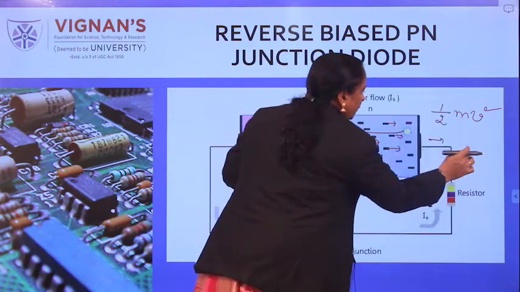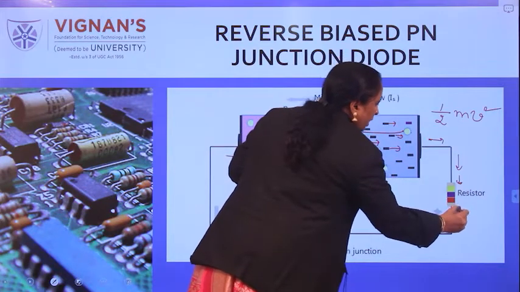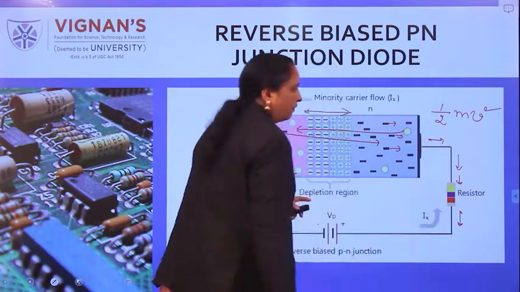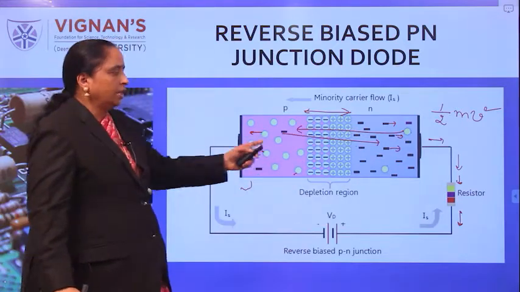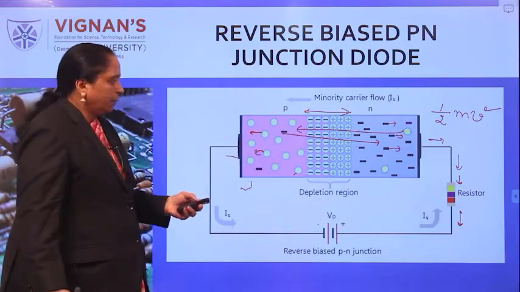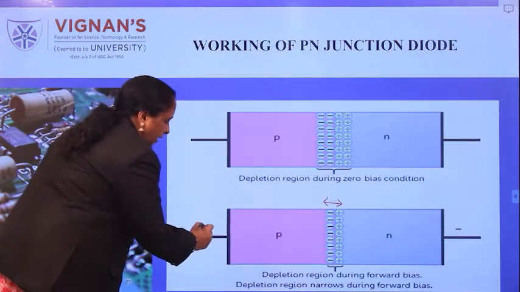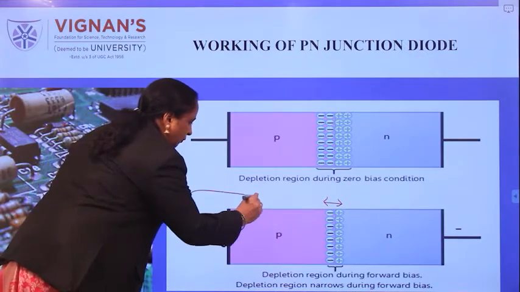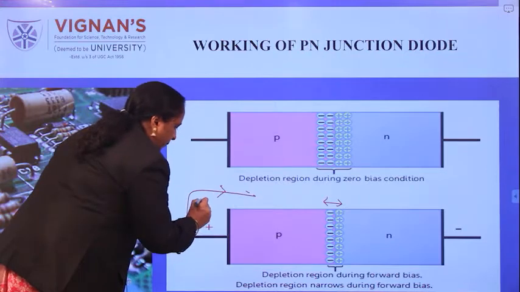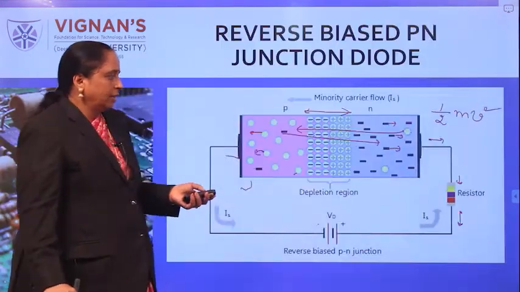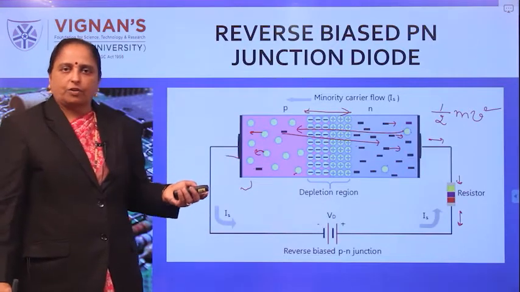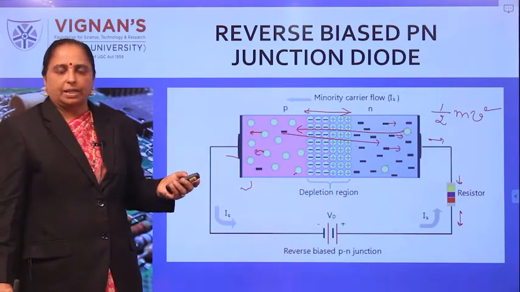Therefore, they will cause a reverse current. See, the direction of current in the reverse bias condition is from N-type material to P-type material. In the previous diagram, the electron flow is from P to N. Like this, you can study the forward and reverse bias condition of a PN junction diode.